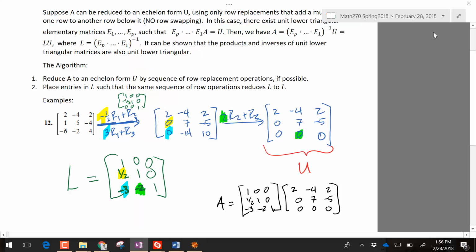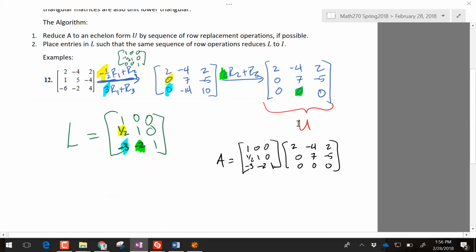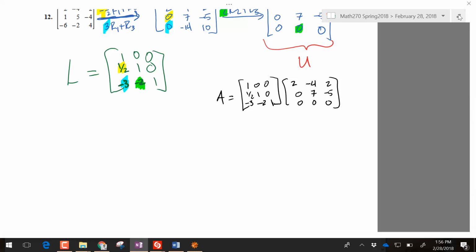Okay, so it turns out that this factorization is unique. There's only one way to factor it this way. And remember that it doesn't involve any row switches, and it does not involve multiplying a row by a number, because if you do that, then you lose the 1s, the unit for the lower triangular.